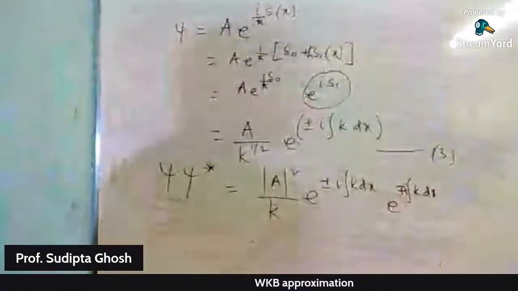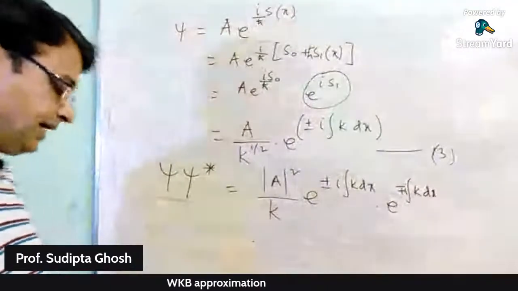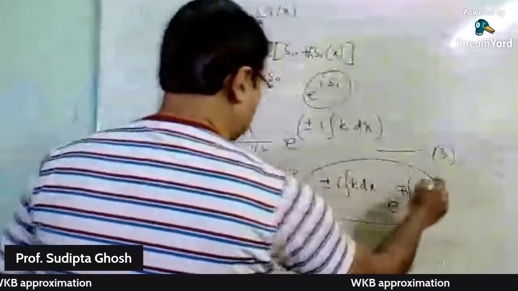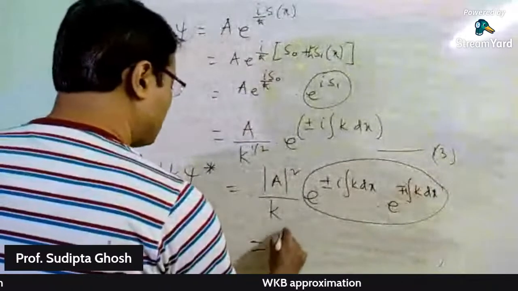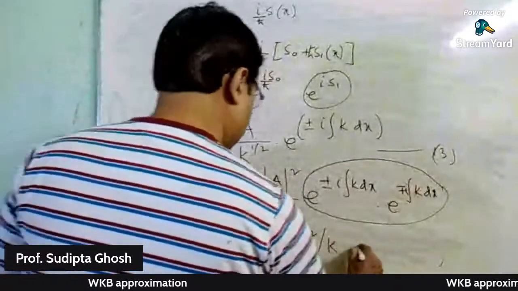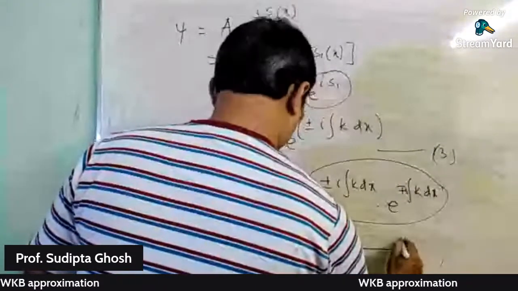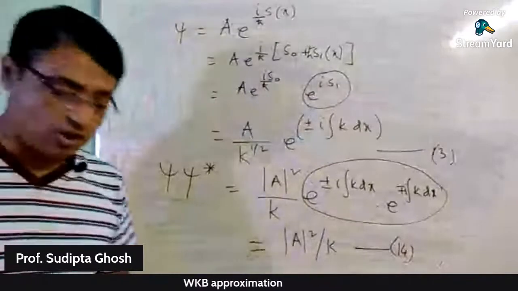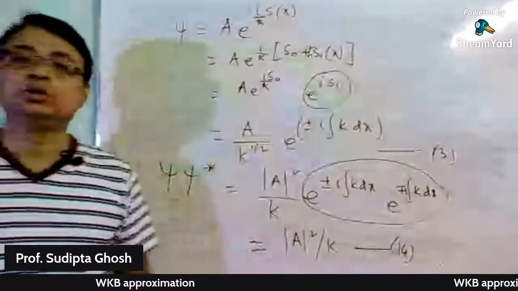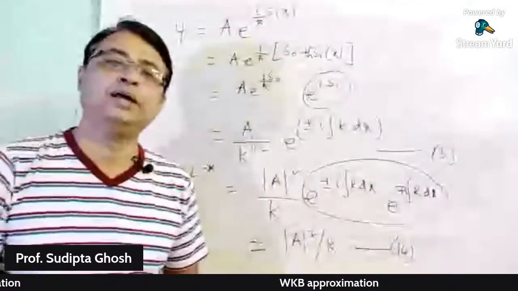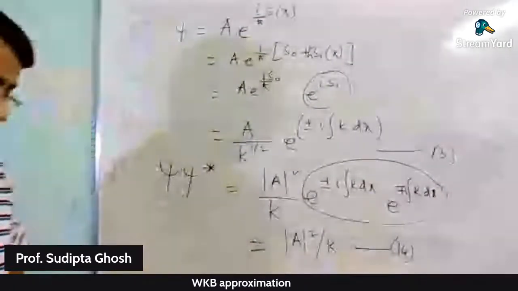So by taking the product of these terms, I get mod of A square divided by k, and this is equation 14. Now from the de Broglie hypothesis, we know that P, that is the momentum, equals h cut k.